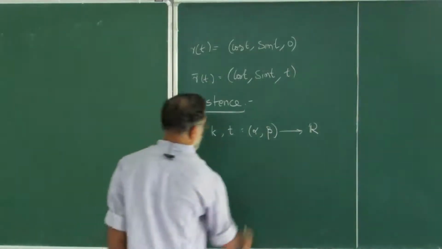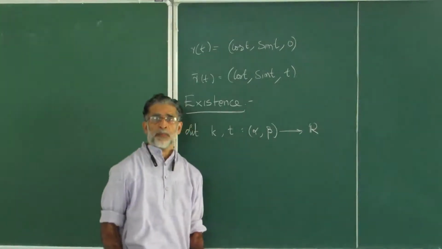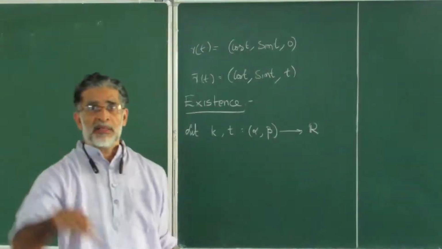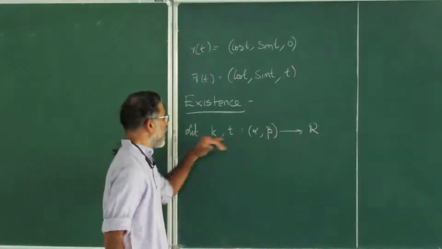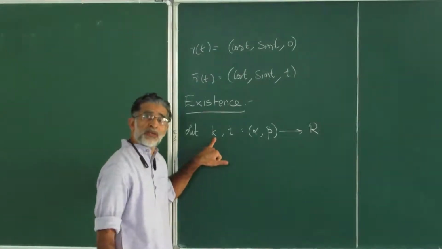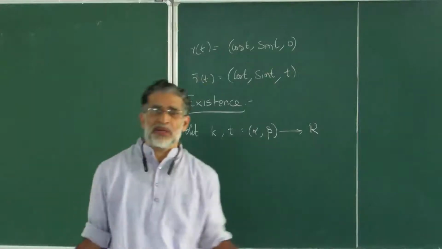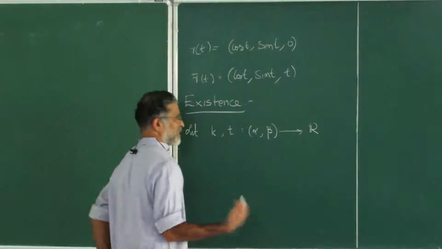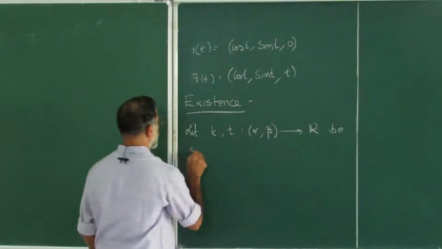Because if it takes a positive value at some point and a negative value at some other point, then in between it should take the value 0 by continuity, the intermediate value theorem. So therefore, k has to be either always positive or always negative. It makes no difference, one could assume the other with very symmetric arguments. So let us take these to be smooth.